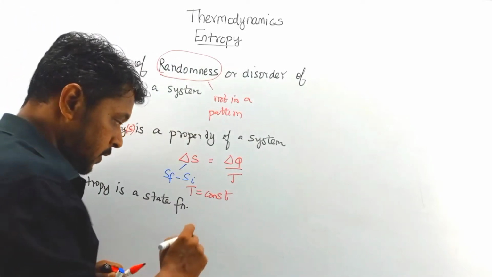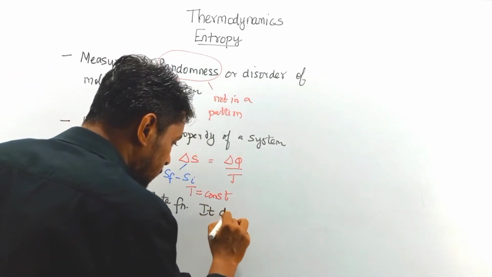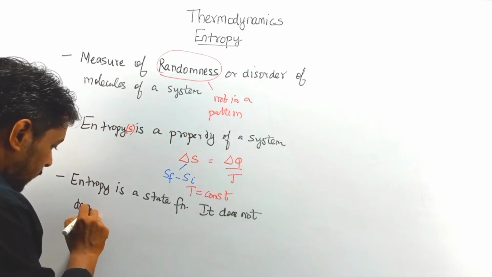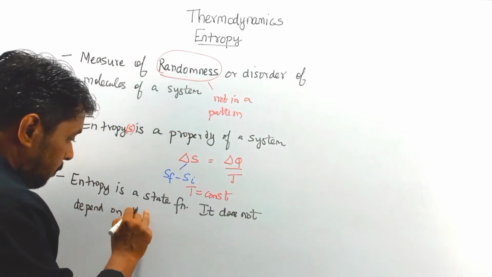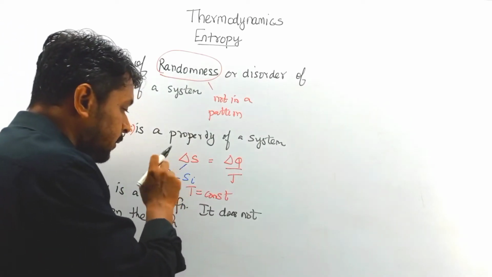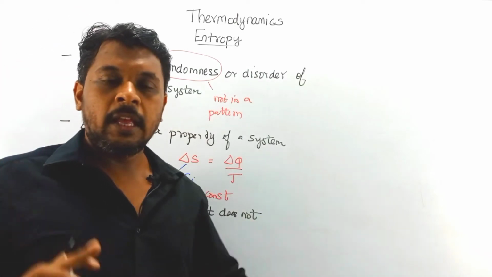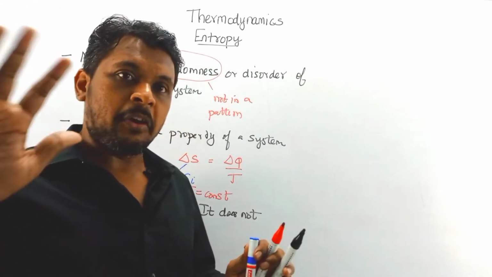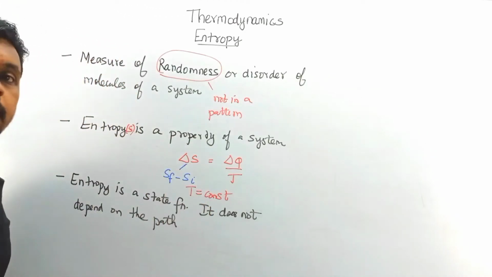It does not depend on the path. It depends only on the initial and final values. It is a state function. So we do not mention the absolute value of entropy, only the change in entropy.